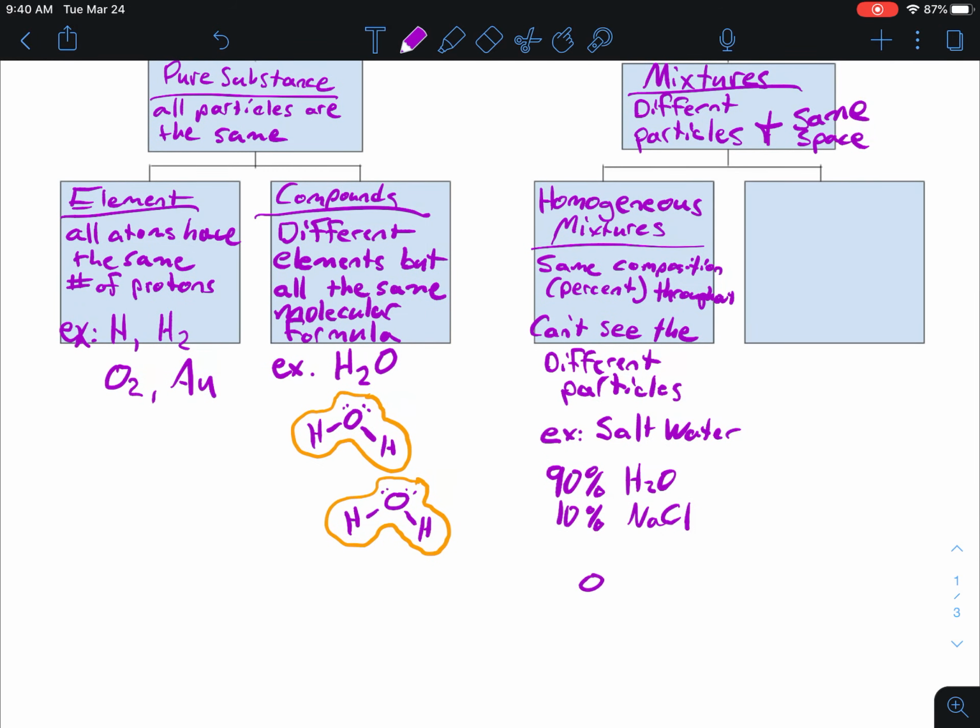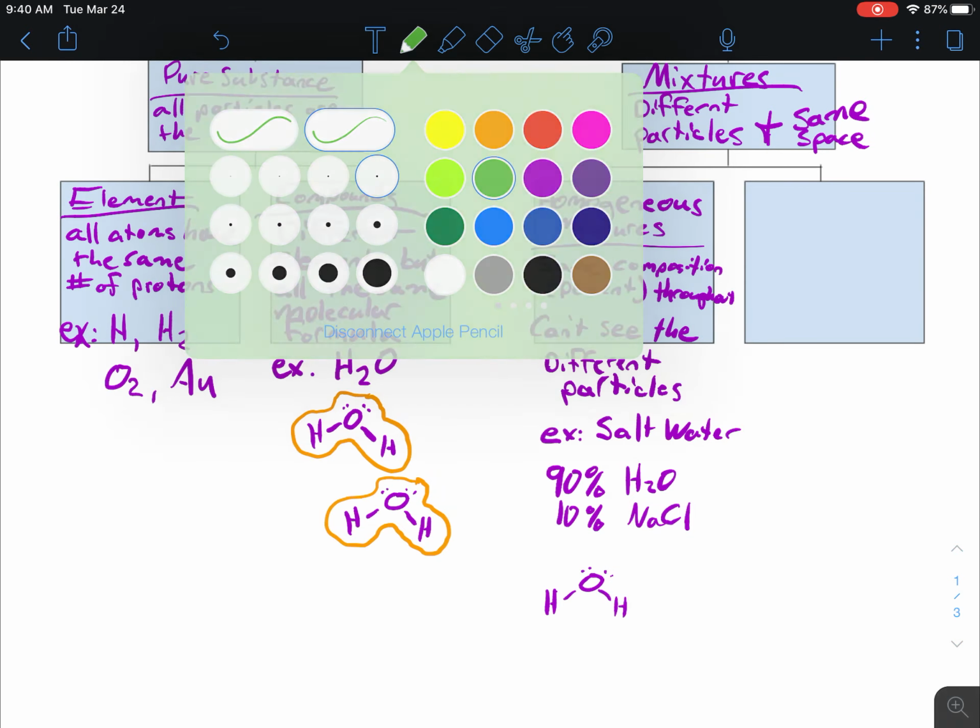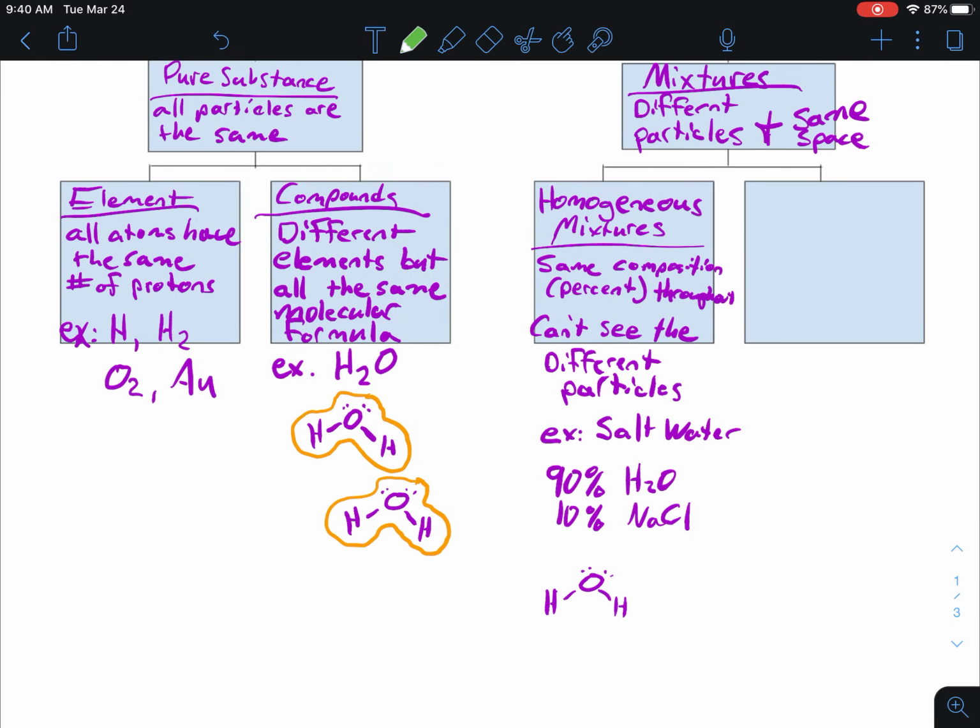So we've got our water compound, but we also are going to have some Na.